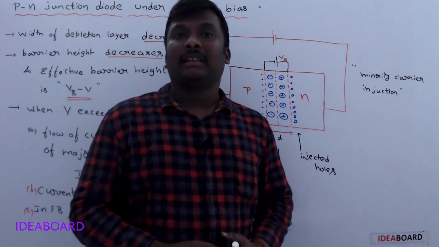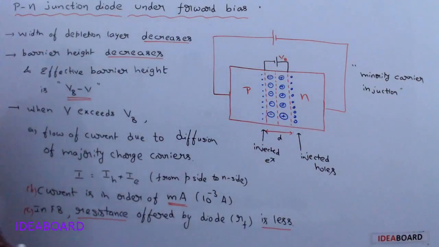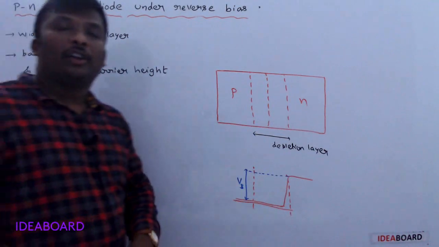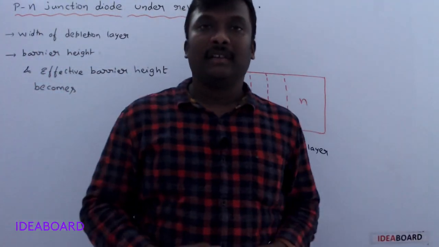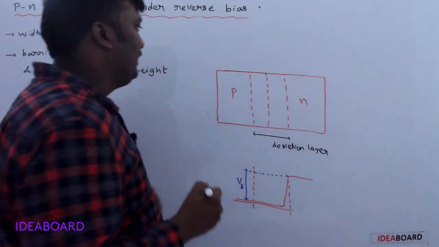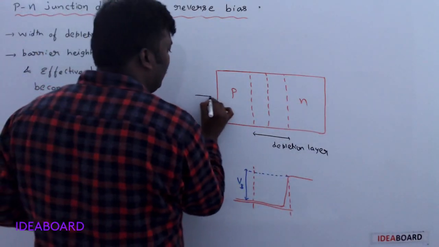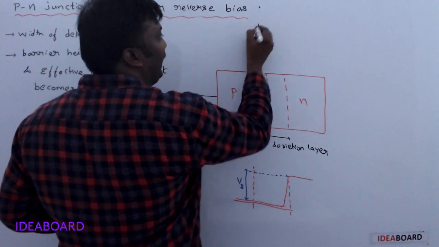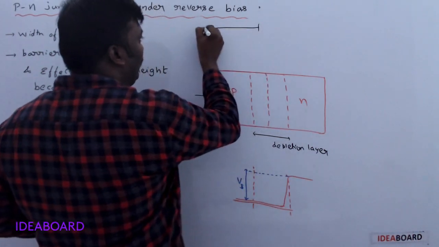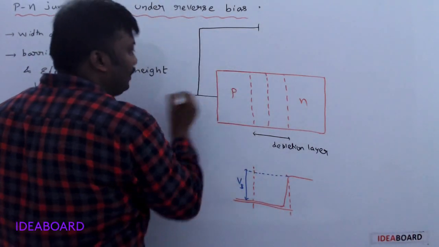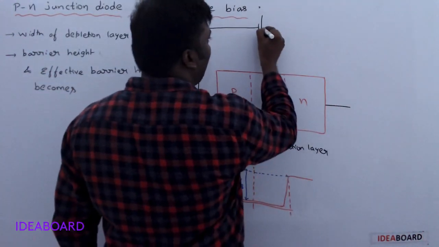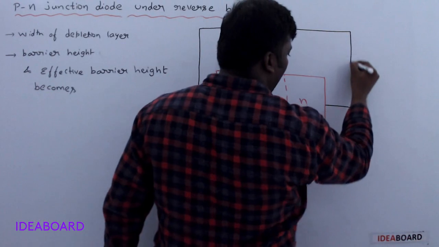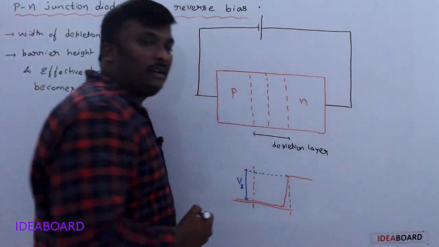Now we may see the reverse bias. Now, PN junction diode under reverse bias. What is meant by reverse bias? Reverse bias means the battery negative terminal is connected to the P side and the battery positive terminal is connected to the N side of the diode.